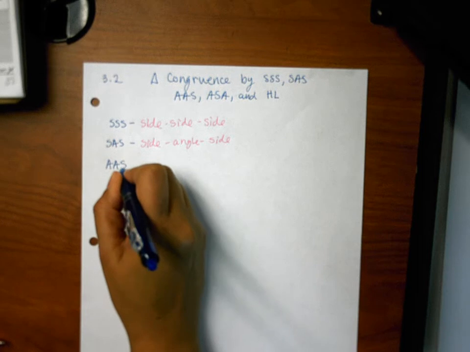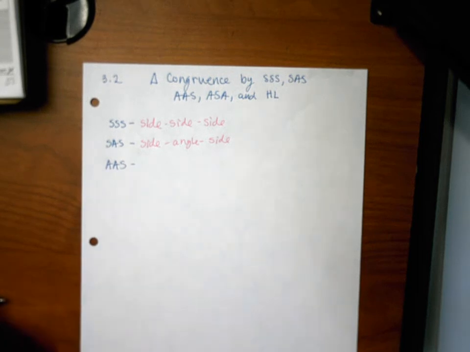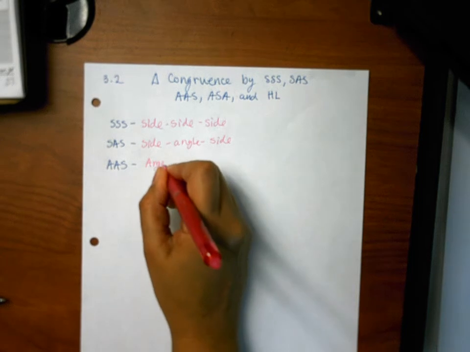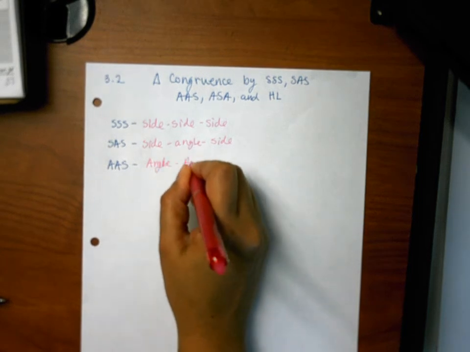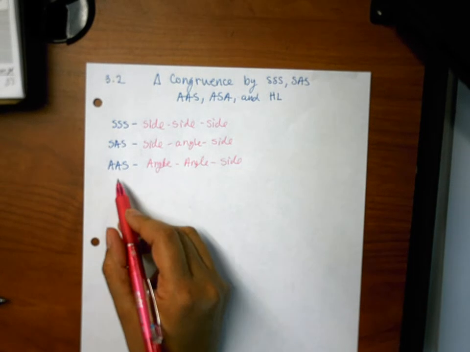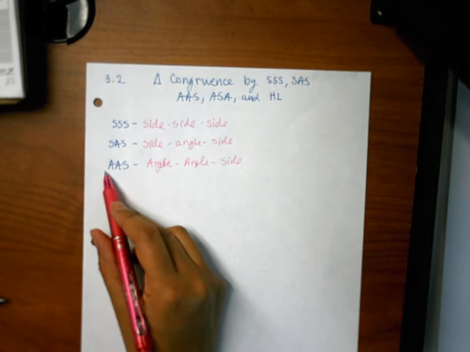Angle, angle, side for AAS. Let's write that down. Now I had a kid ask, could I write that as side, angle, angle? Is that okay? It is.